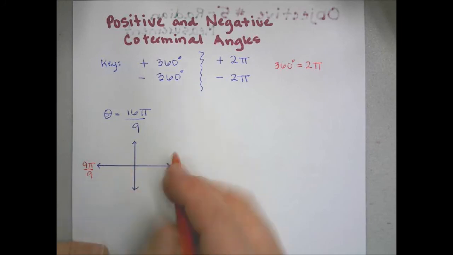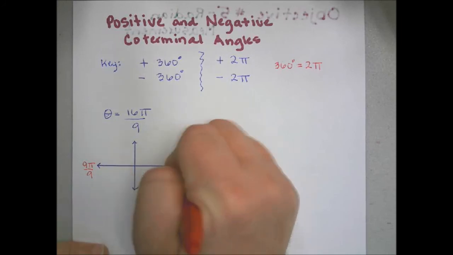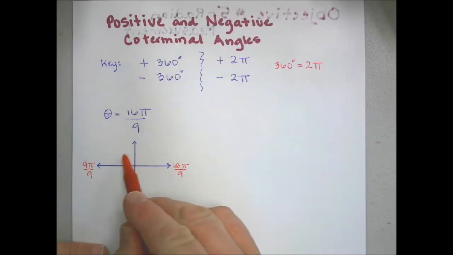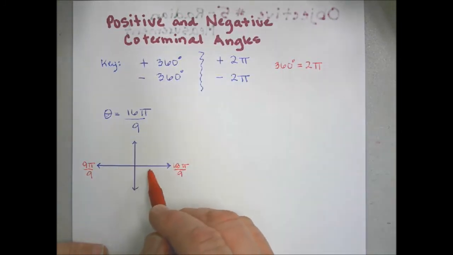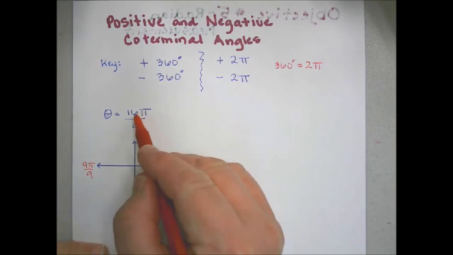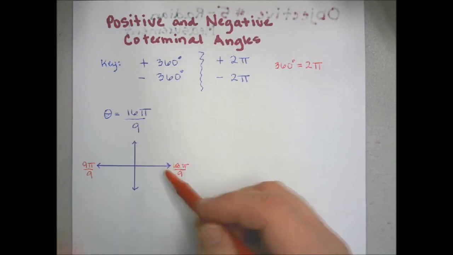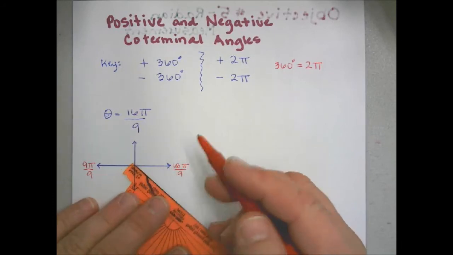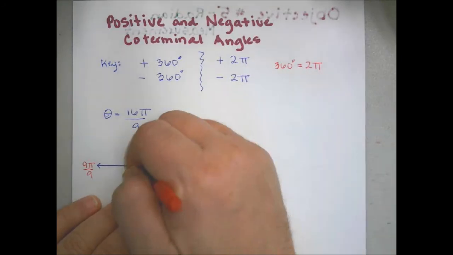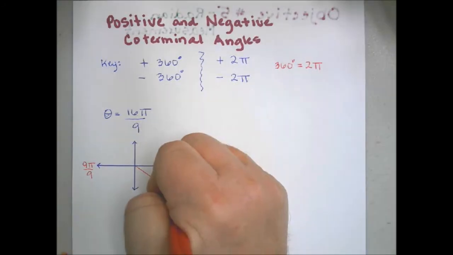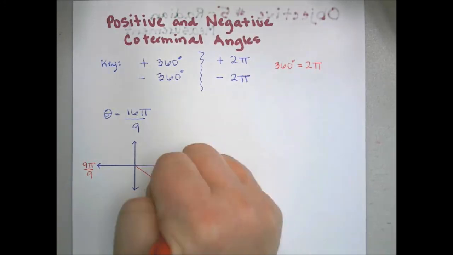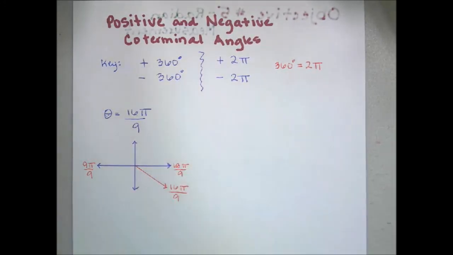And then 18 pi over 9 would get us all the way around back to where we started. But we didn't get all the way around back to where we started. We only got to 16 pi over 9. So that would put us in quadrant 4 right here. Okay, so this would be 16 pi over 9 right there.